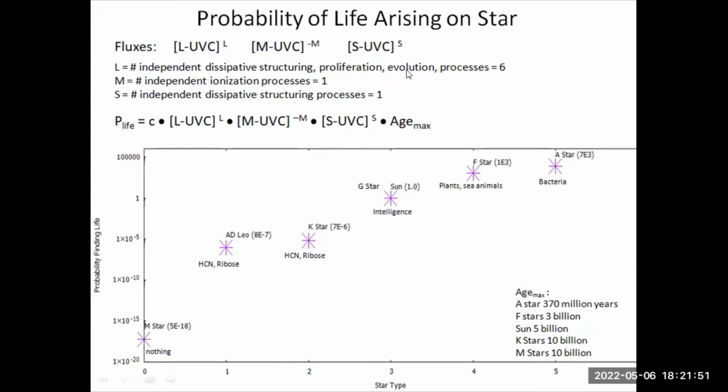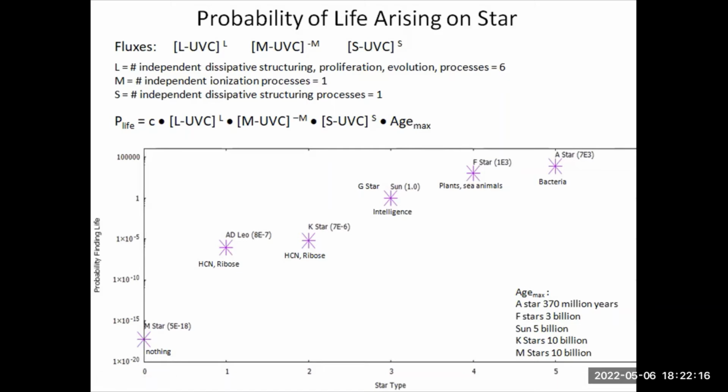So then we can calculate an equation for the probability of life arising on a star of a particular type. We have these three different regions, fluxes of energy in the long wavelength, medium wavelength, and short wavelength UVC ranges.